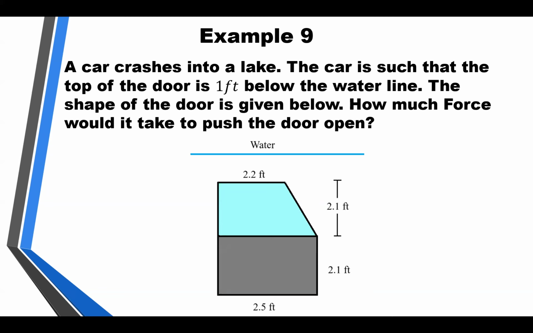So the car is such that the top of the door is 1 foot below the water line. The shape of the door is approximately this shape that we're given here. It looks like a trapezoid on top of a rectangle.